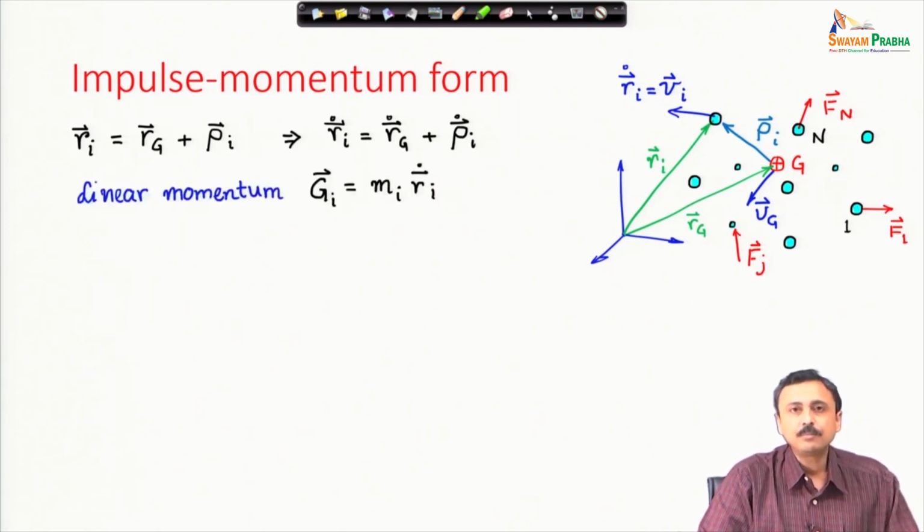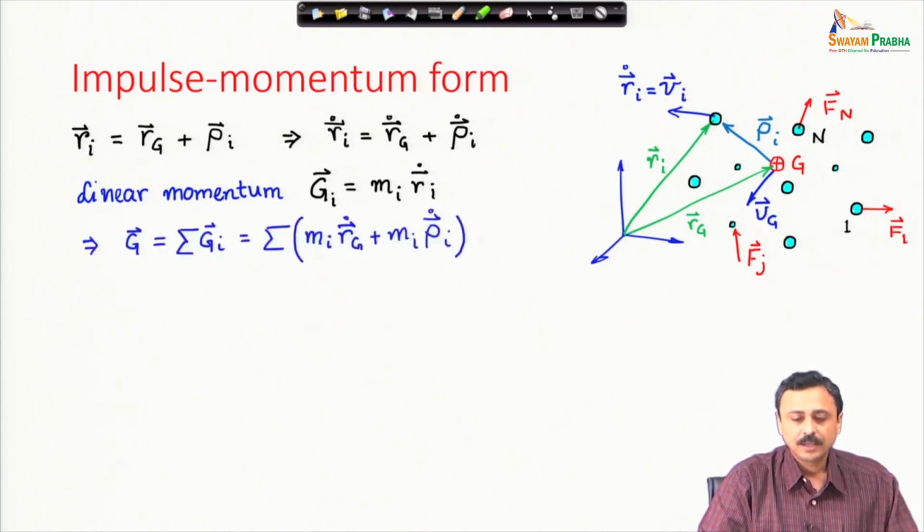Now, we define the linear momentum of the ith particle as the mass of the ith particle times the velocity of the ith particle, and by using the expression above and summing over all the particles, we get the linear momentum of this system of particles as capital G vector is the summation of m_i r_G dot, this is the velocity of the center of mass, plus m_i rho_i dot, which is the velocity of the ith particle relative to the center of mass.